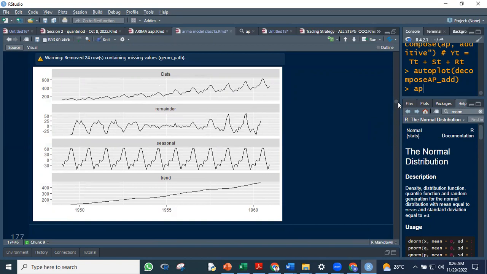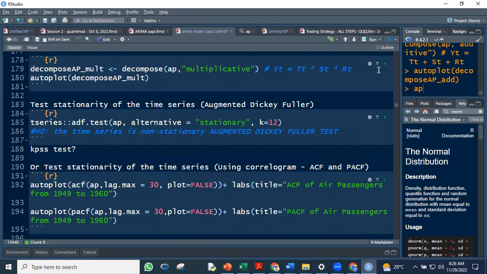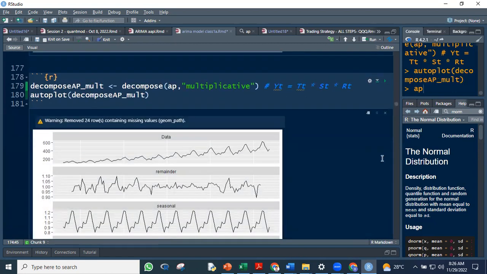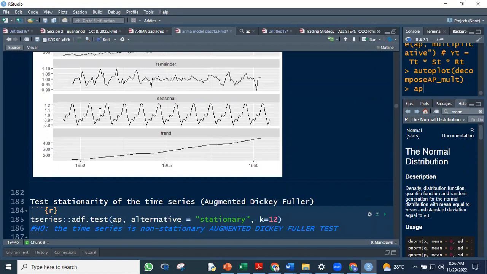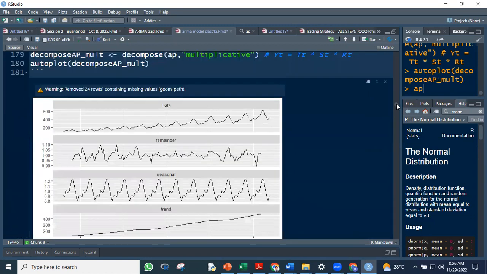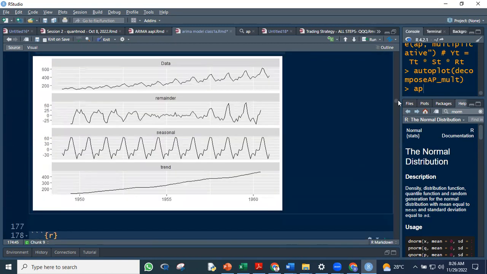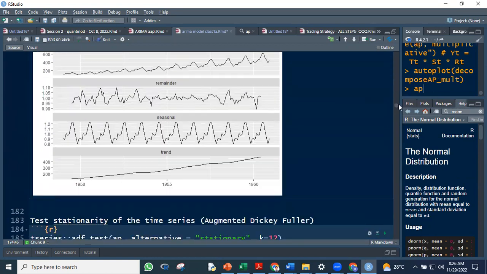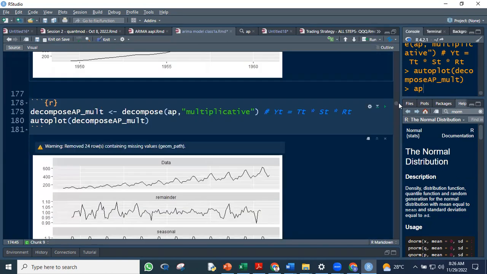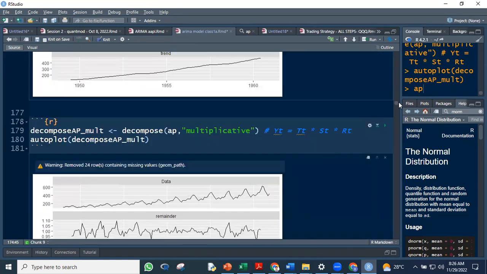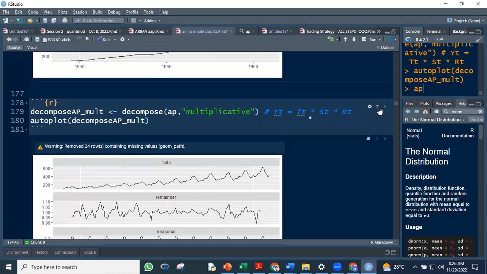And here, the multiplicative, as we said, is the trend multiplied by the seasonality factor multiplied by the random. So multiplicative versus additive.